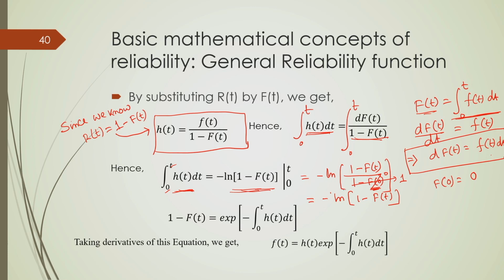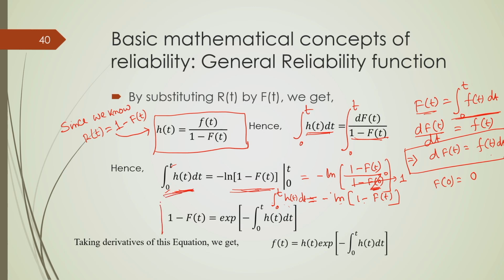Now, on the left hand side, it is the integral from 0 to t of h(t) dt. We keep this left hand side as it is, and we will let you know the significance of that integral of h(t) over the interval 0 to t later on. Now, if we remove this logarithm, 1 minus F(t) will be equal to e to the power of minus the integral from 0 to t of h(t) dt, since the negative sign comes to the other side as an exponential.